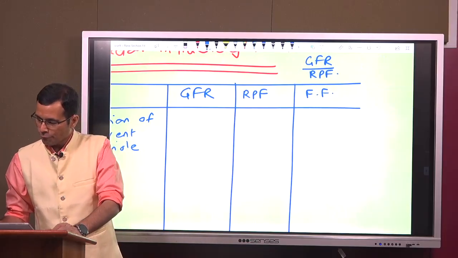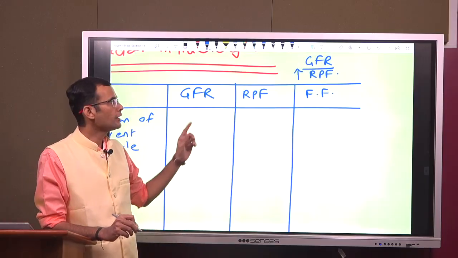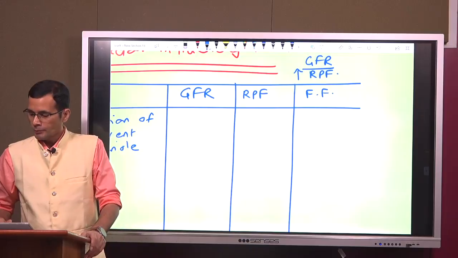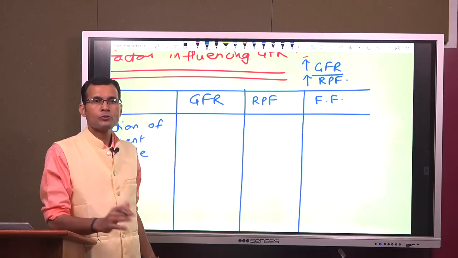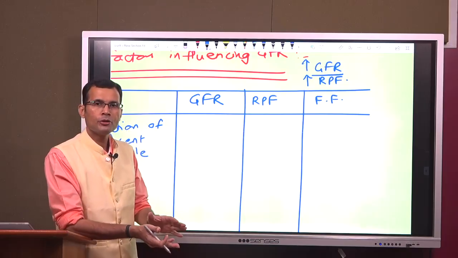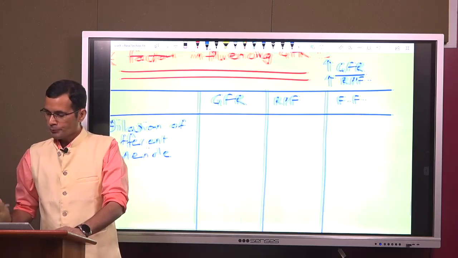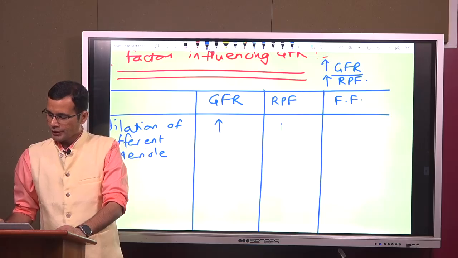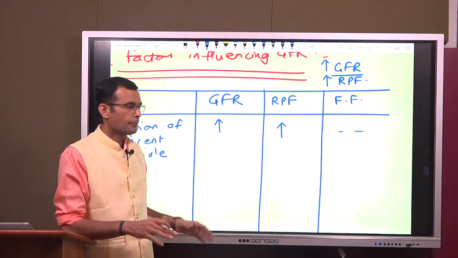So renal blood flow will increase, renal plasma flow increases, but GFR will also increase. The more blood coming into the glomerulus, the more the filtration, and therefore increased GFR, increased renal blood flow, and filtration fraction can remain more or less the same.